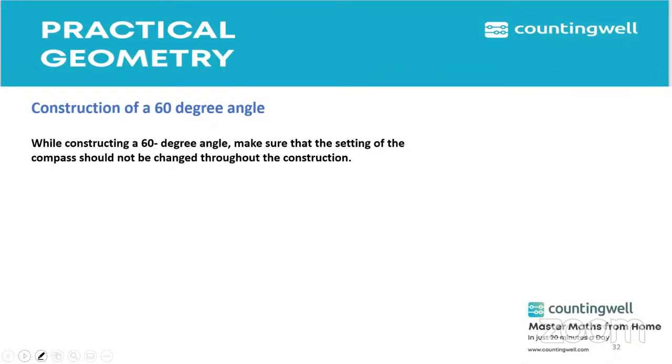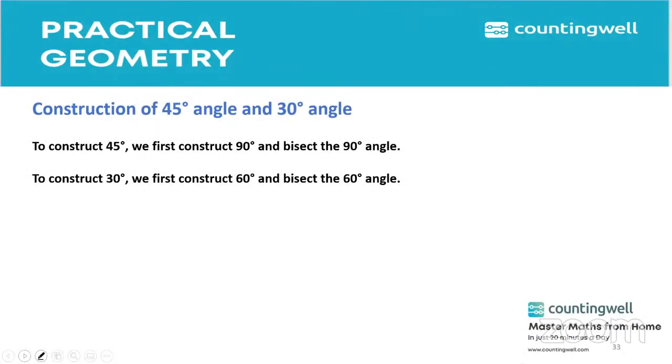Also, while constructing a 60-degree angle, make sure that the setting of the compass is not changed throughout the construction. Same for construction of a 45-degree angle or 30-degree angle.